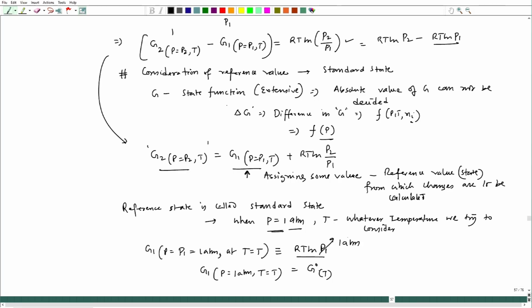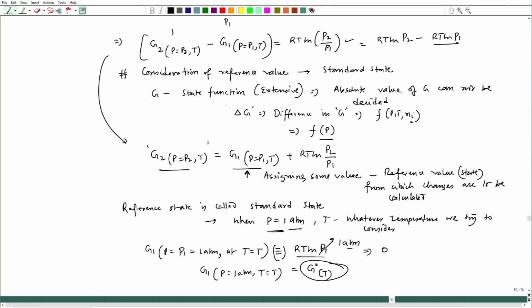And if I take 1 atmosphere, this is assigned a kind of standard value. So, this becomes 0. So, remember this is not equal to 0, rather this is taken as a standard value at T when the pressure becomes 1 atmosphere for that particular ideal gas.